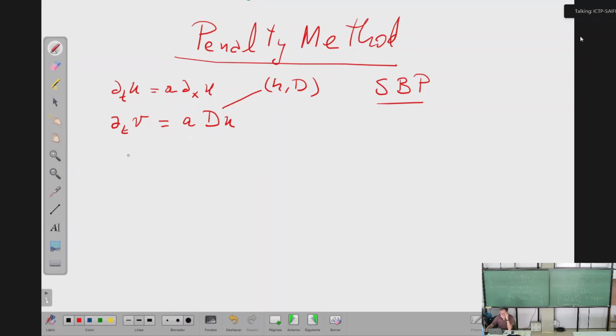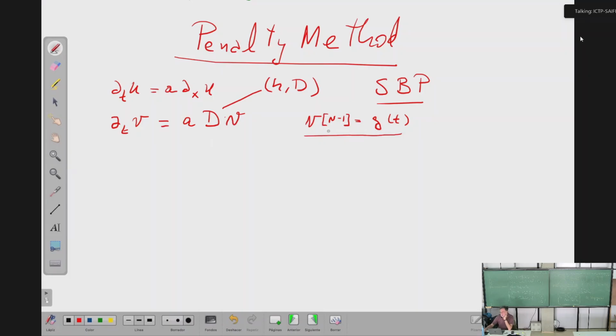So you might think, okay, the way of putting boundary conditions is not solving this to the last point, but in the last point say, okay, v at the last point, n minus 1, is my g of t. That might be one way of doing this.